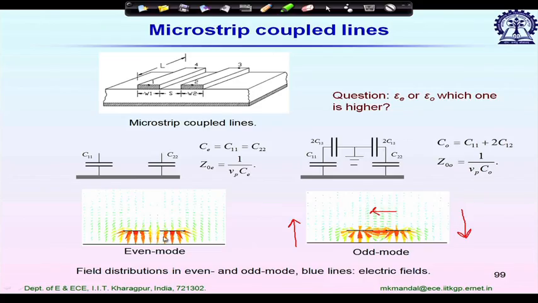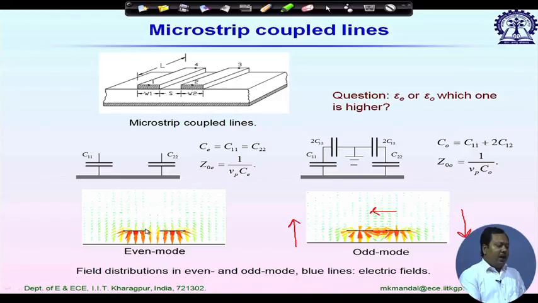One more interesting observation here: for the even mode case we do not have any electric field from the left strip to the right strip. So, if I consider a mid plane which is perpendicular to this and placed just in between these two strips, then no electric field is passing through that plane. Not only that, the electric field on the left hand side and the right hand side becomes parallel.